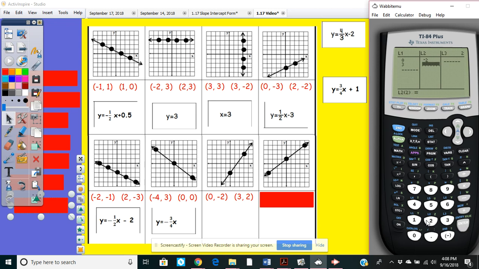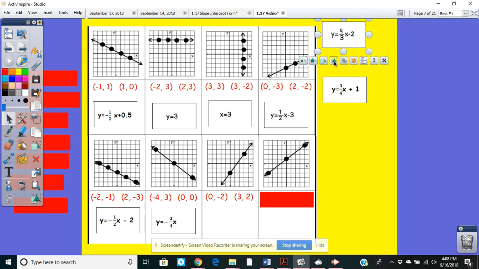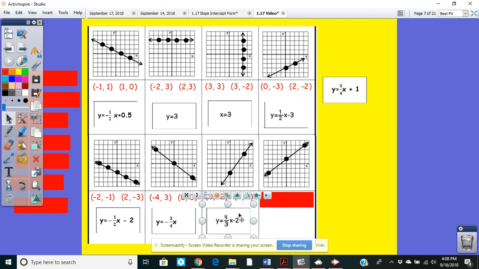Then back to Stat. The more you practice it, the easier it'll become. This time I've got 1.33 and a -2 as my y-intercept. This is the only card that's got a -2, and 4/3 is the same as 1.3 repeating. And so that's my equation there.